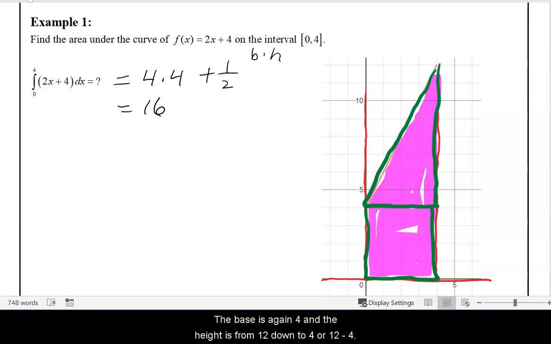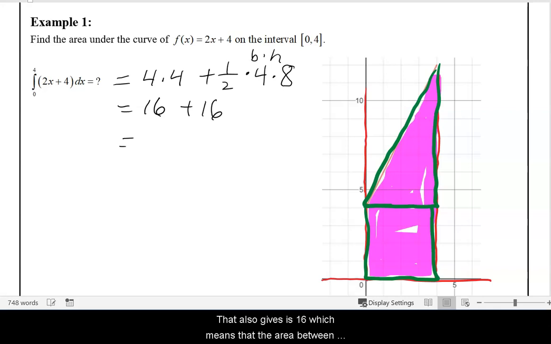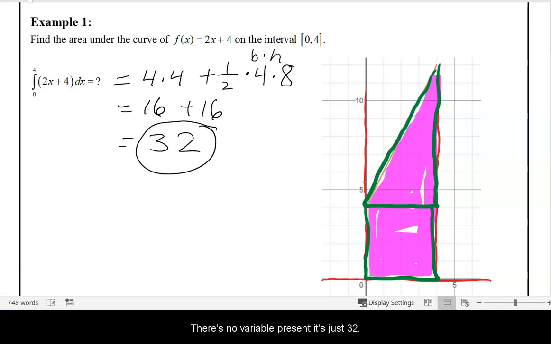The base is again 4, and the height is from 12 down to 4, or 12 minus 4, which is 8. That also gives us 16, which means that the area between that function and the x-axis on the closed interval 0 to 4 is 32. That's our answer. There's no variable present, it's just 32.